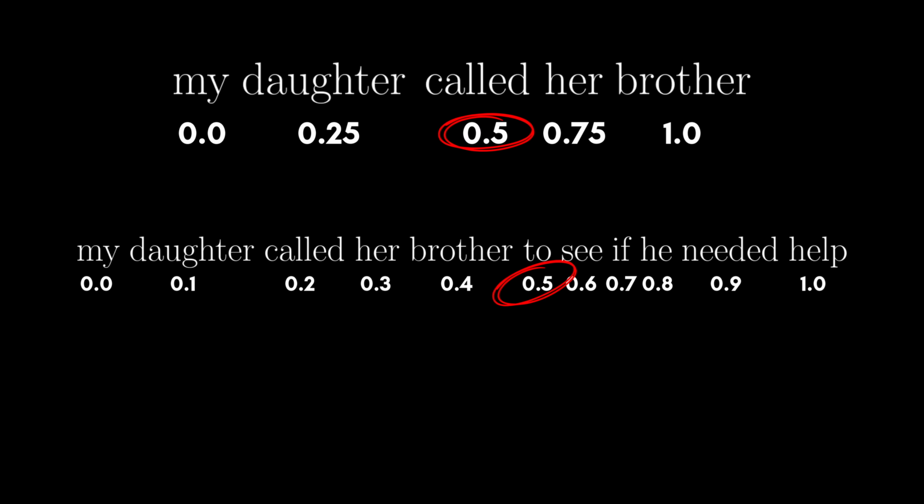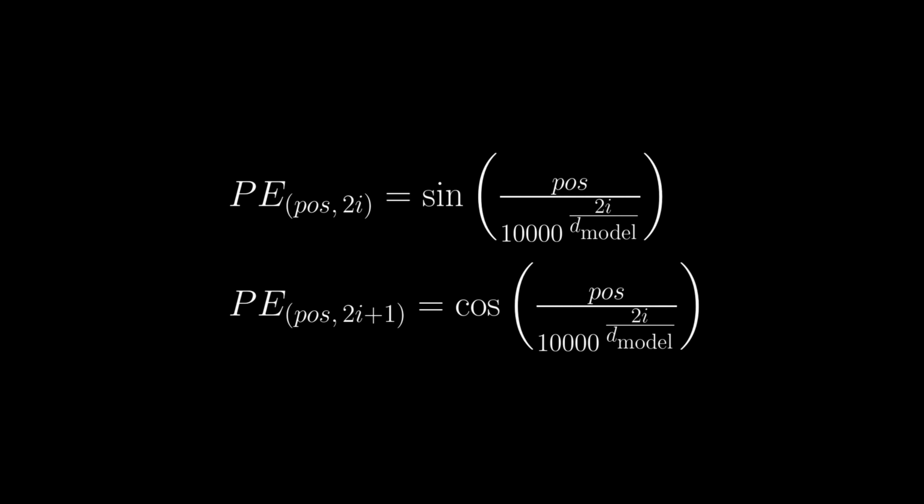To solve these issues, and to allow positional patterns to generalize across sequences of different lengths, the authors of the Transformer paper introduced sinusoidal positional encodings. At first glance, this might feel like a huge conceptual leap. A moment ago we were talking about simple integers, and suddenly we have jumped to sine and cosine waves.